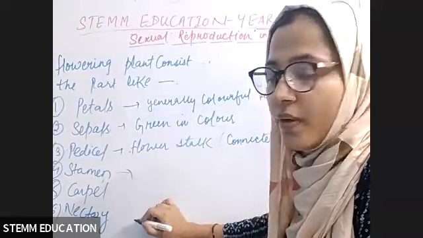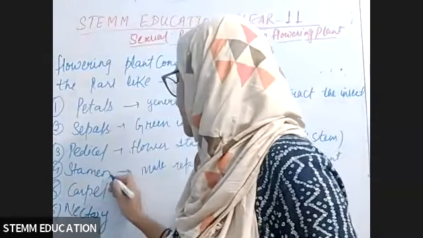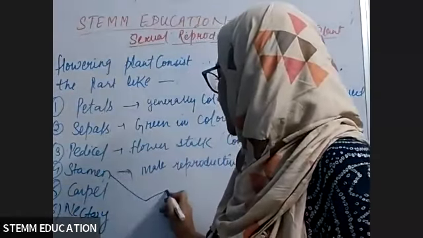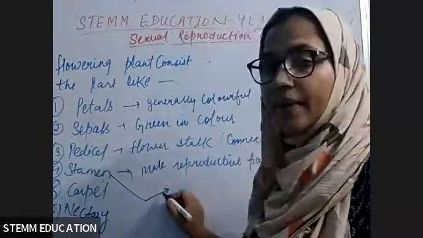So stamen has two parts, anther and filament.